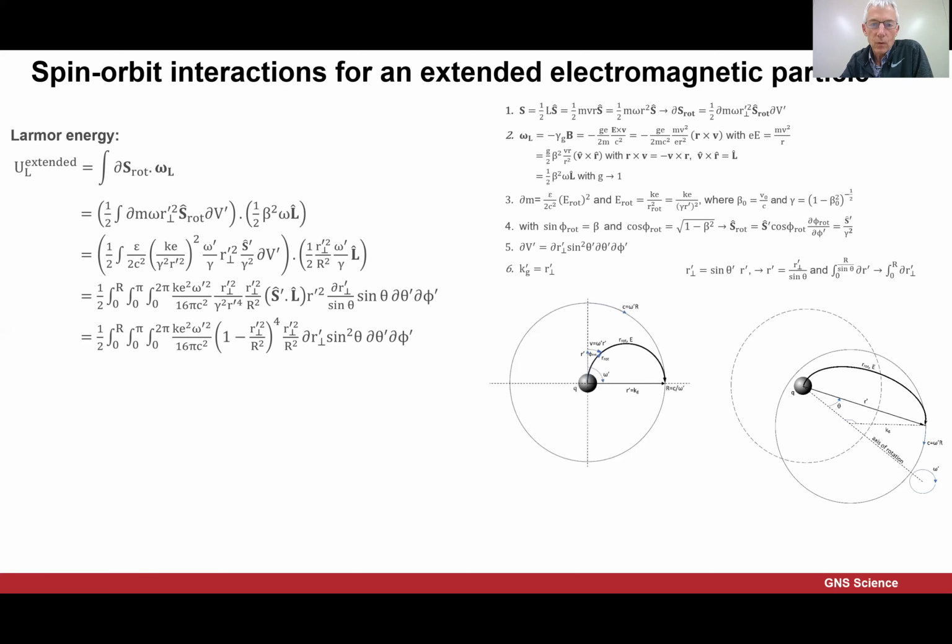And so we also need to consider mass elements which are not directly in the rotational plane, and we do that by using sine theta.